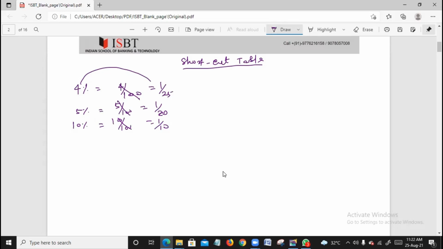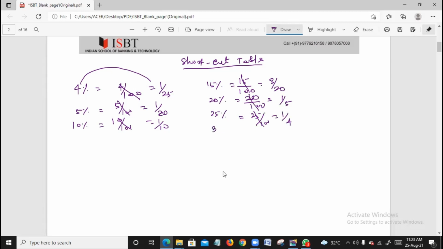Then 15%. 15% means 15 by 100 is equal to 3 by 20. Then 20%. 20% means 20 by 100. That means 1 by 5. Then 25%. 25% means 25 by 100 is equal to 1 by 4.